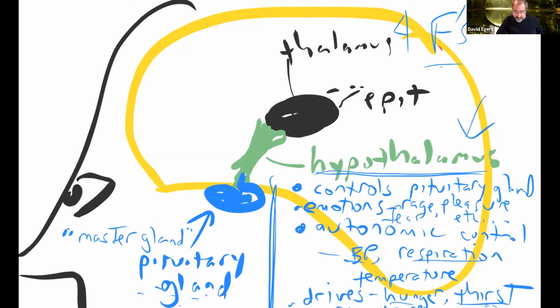So, the 4 F's. But lots of other things as well, like I said: emotions, autonomic control like blood pressure, respiration, temperature control, hunger, thirst. So it's doing lots of things.